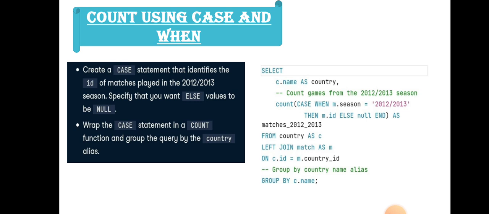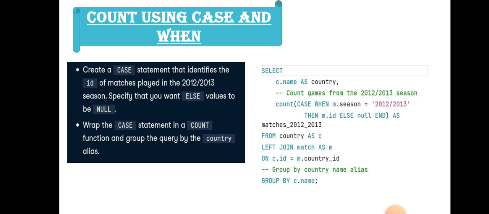Create a case statement that identifies the ID of matches played in the 2012 or 2013 season. Specify that you want else values to be null. Wrap the case statement in a count function and group the query by country alias.